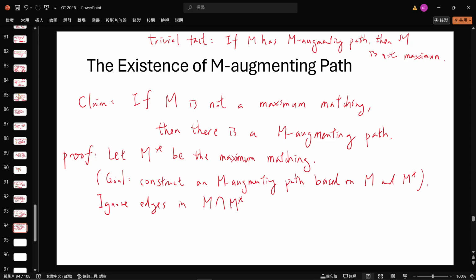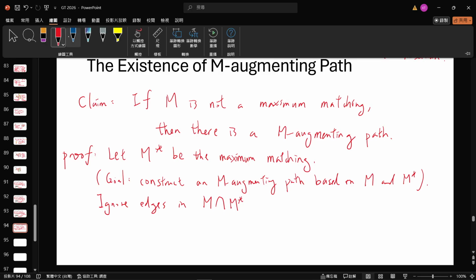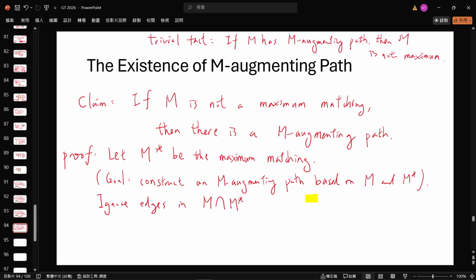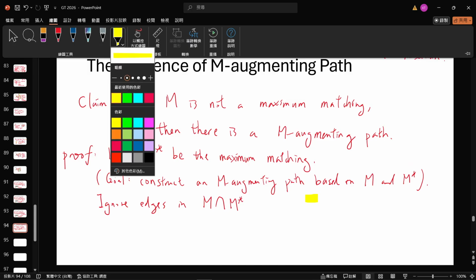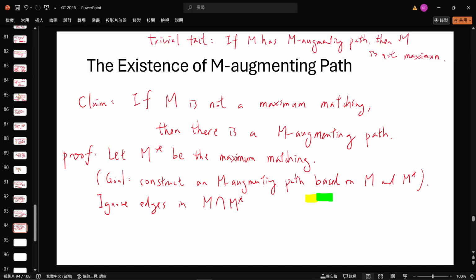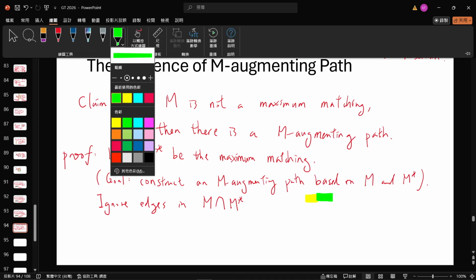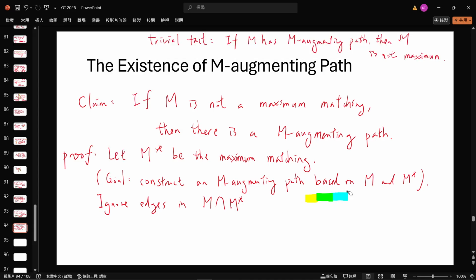M augmenting path, okay? Because I know that this M augmenting path must look like this, okay? Start with some yellow edge, followed by a green one, followed by a yellow one.